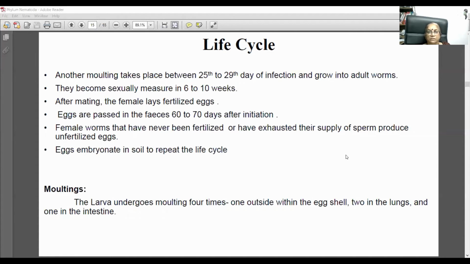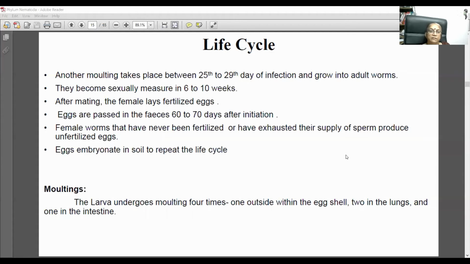This is because of exhaustion of the sperm that has been produced, and therefore the fertilization of the eggs does not take place. When the eggs reach the soil, if they are embryonated, then they reinfect the human being and the cycle continues.